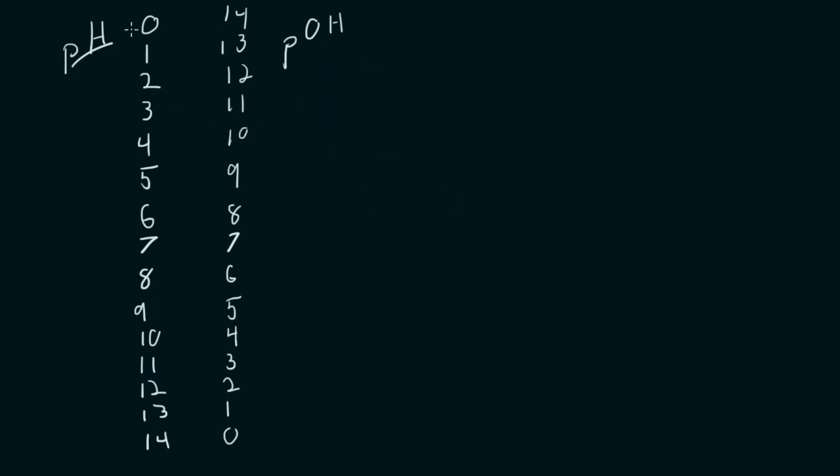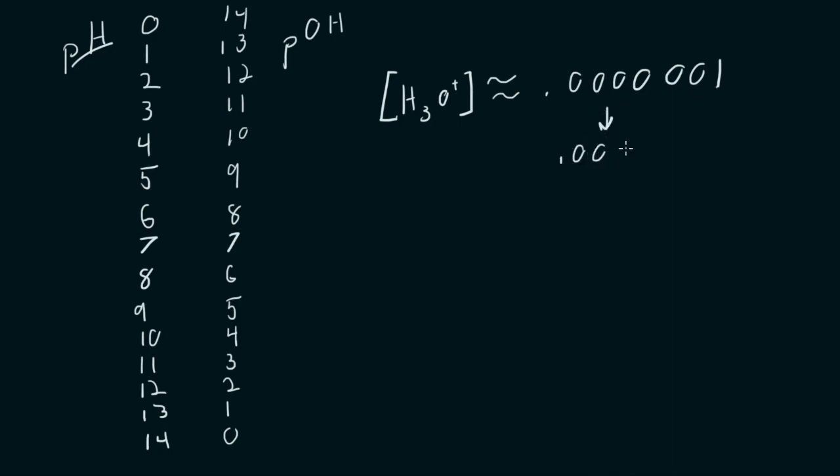But how do we actually use this scale? What is this scale actually representing? Well, when we have acids and bases, things can be extremely sensitive. So I could have a hydronium ion concentration in a range from 0.000001 up to 0.000001 with one zero less.